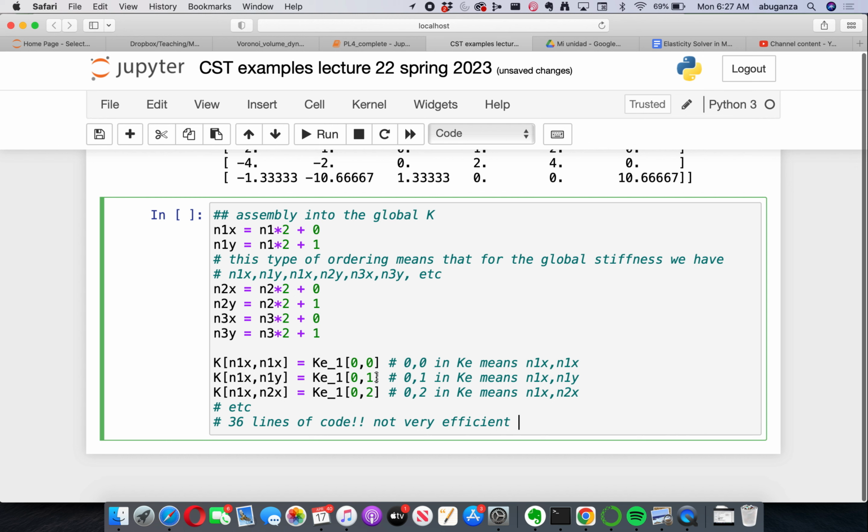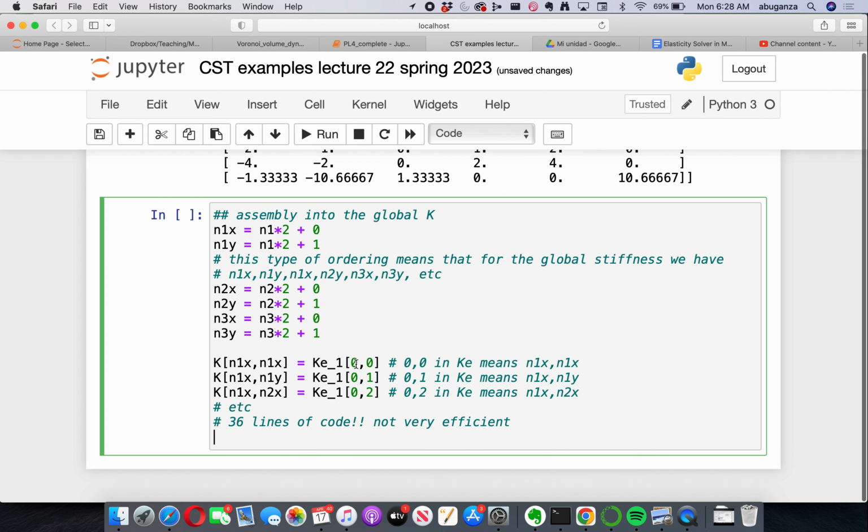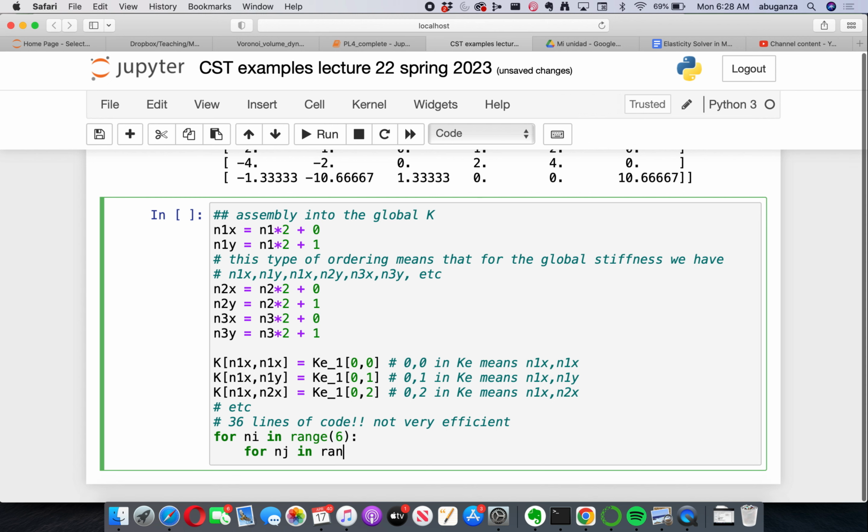Well, how do I repeat things? With a for loop, right? So I will need some sort of for loop. And what is 36? 36 is just 6 times 6, right? So I need 2 for loops that go from 1 to 6. That's what I need. So for ni in range 6, for nj in range 6.